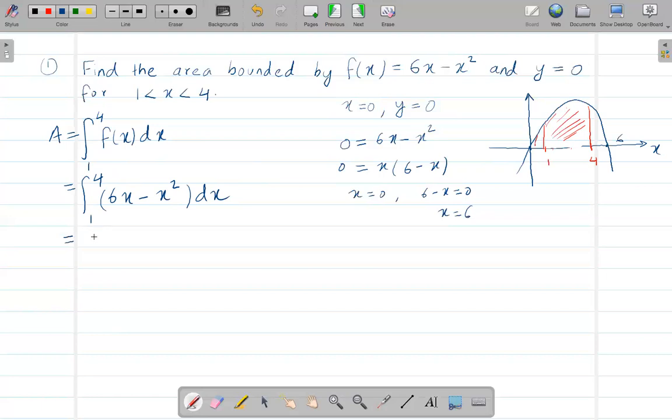Now let's take the integral. This 6 is just a number, so it will stay there. The integral of x is x to the power 1 plus 1, which is 2, over 2. Minus x to the power 2 plus 1, which is 3, over 3, evaluated from 1 to 4.